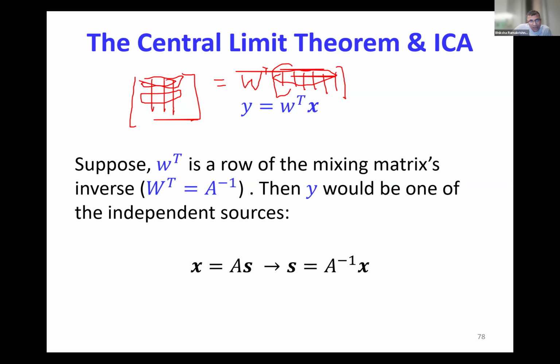If I consider any particular element of this column, that's going to be one row of W transpose times the corresponding column X. So this X represents this one vector, this small y represents this one component, and this W transpose represents this one row.